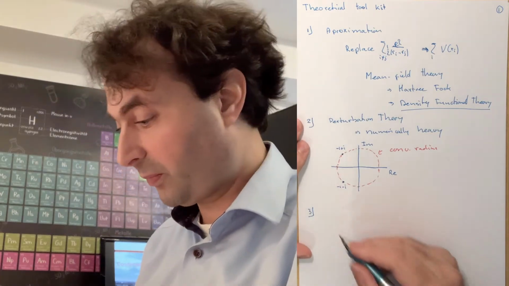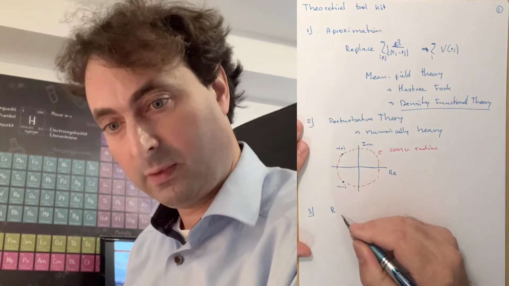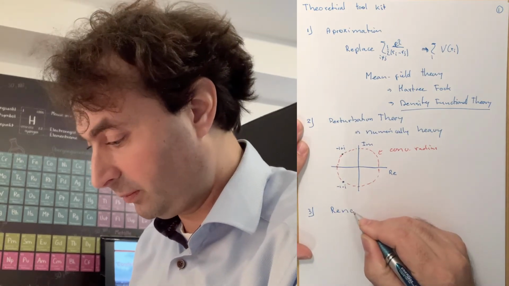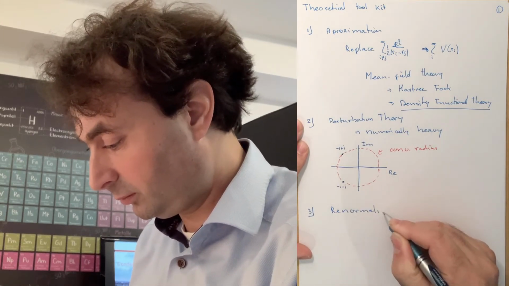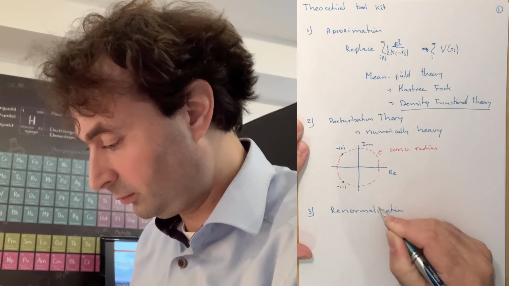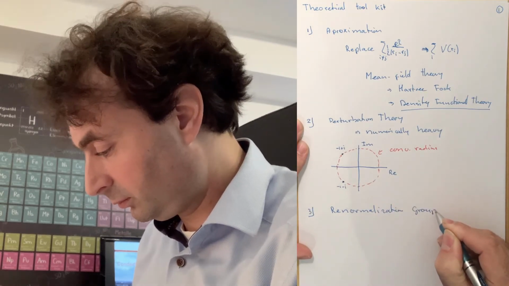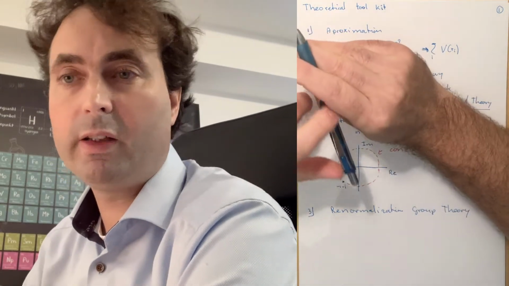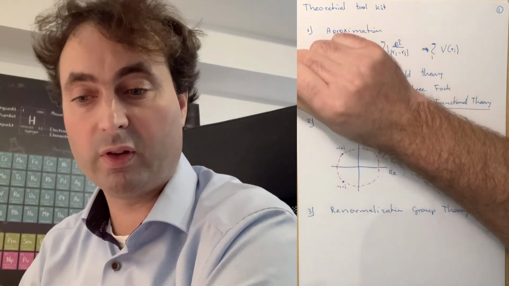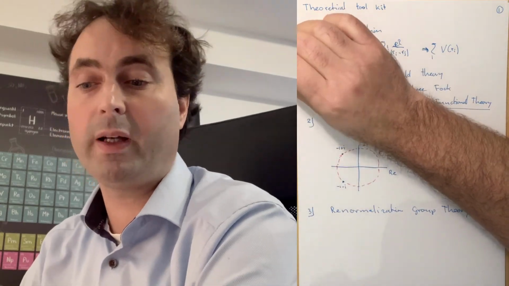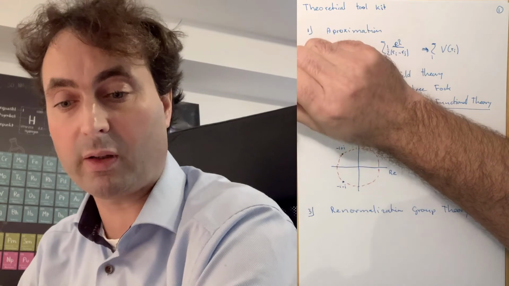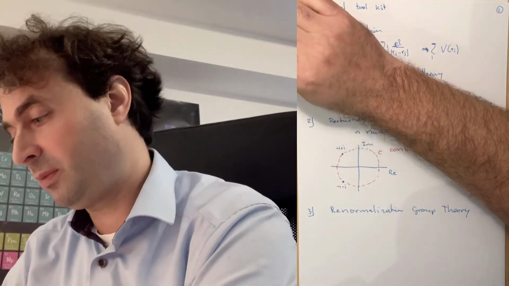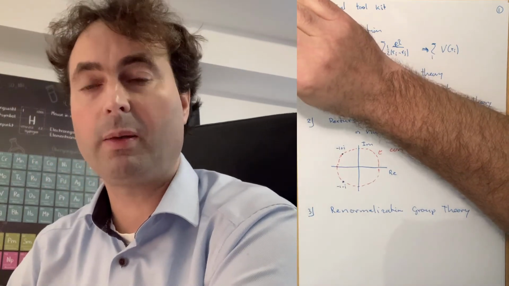So other methods, and one that Heidelberg is known for is renormalization group theory. In renormalization group theory, people try to derive a new, effective, low-energy Hamiltonian that acts on your quasi-particles starting from the full Hamiltonian. This is in an early stage of development.